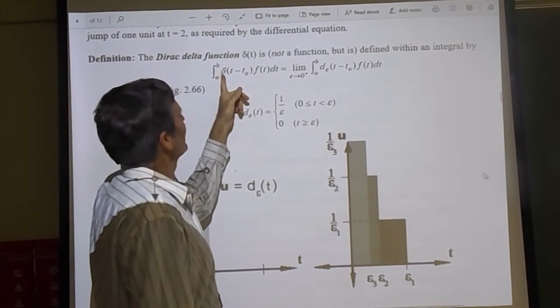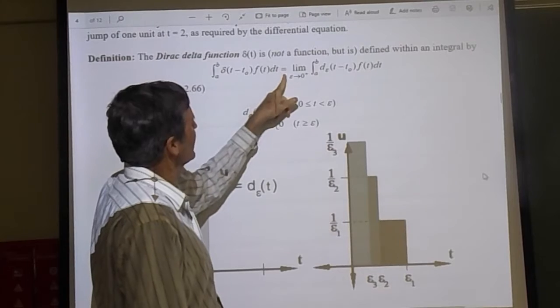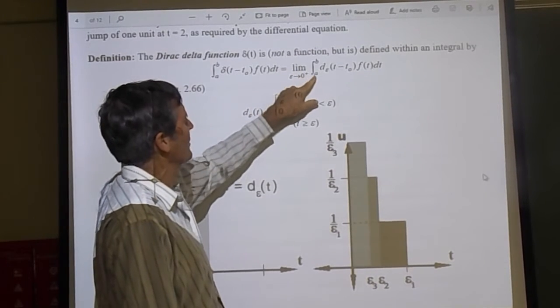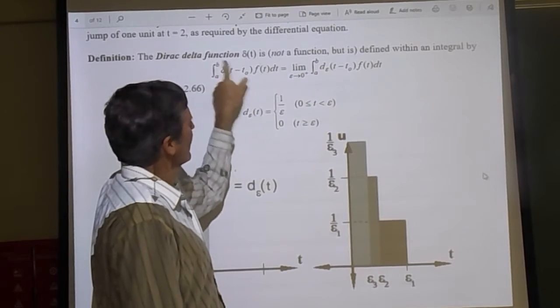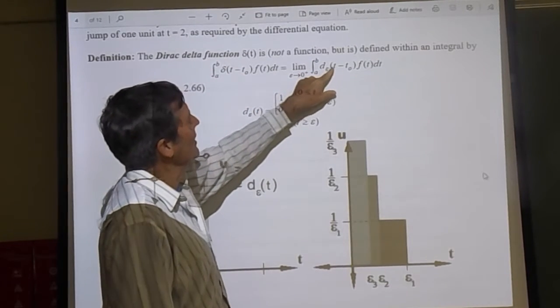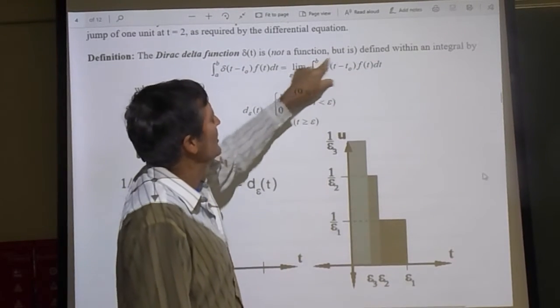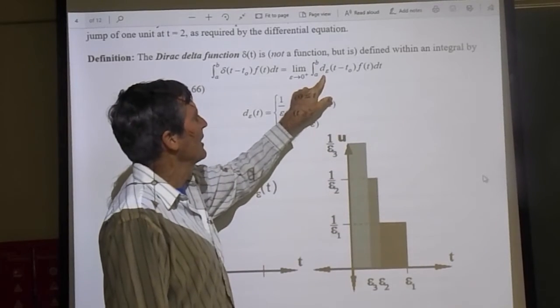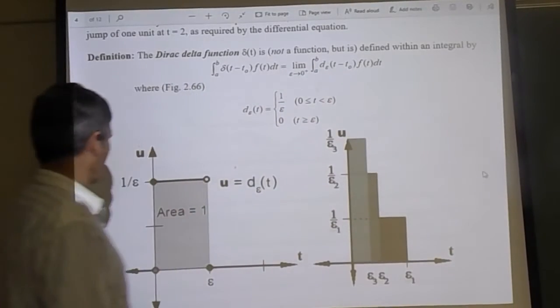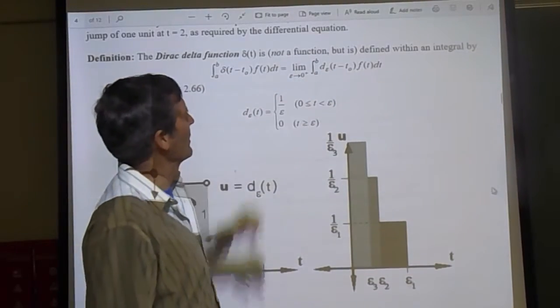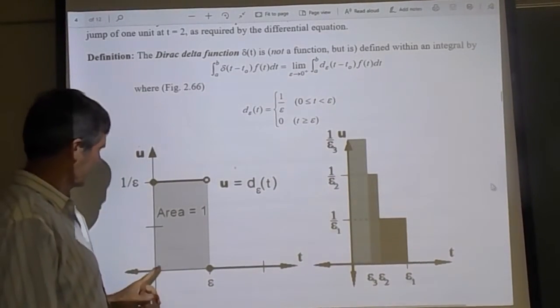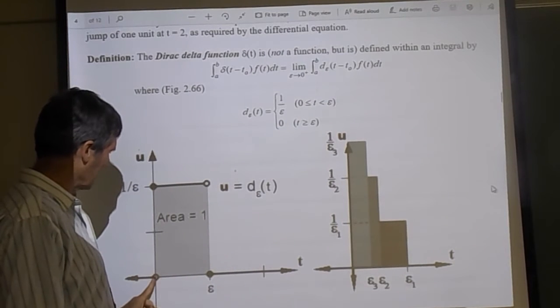This just means, by definition, the limit as epsilon goes to 0 of the integral from a to b, the same integration limits, of d epsilon of t minus t0 times f of t dt, and d epsilon is actually a function. It's a rectangular function. It looks like this. d epsilon is the function that's equal to 0 for t less than 0.